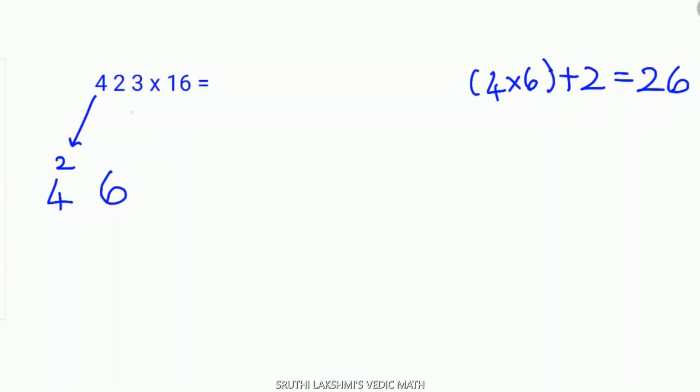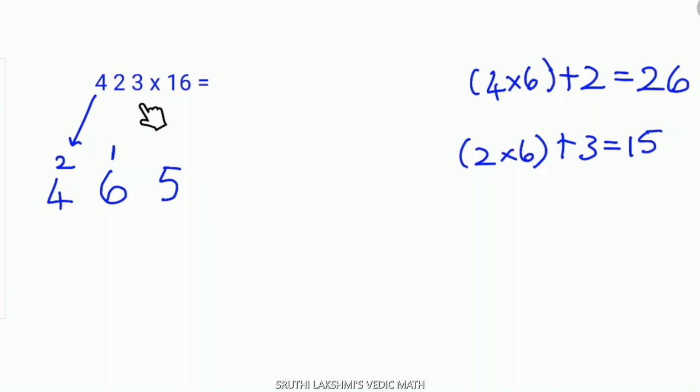Next, multiply 2 with 6. 2 times 6 plus the next digit 3. 2 times 6 is 12 and 12 plus 3 is 15. So carry the 1 and write down the 5. Next, multiply 3 with 6.